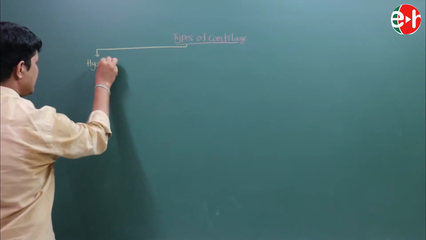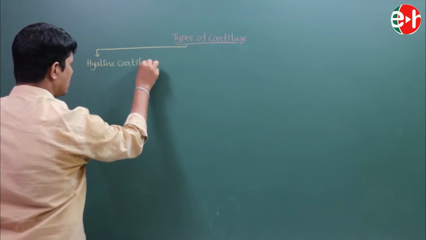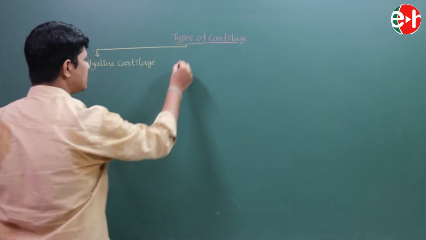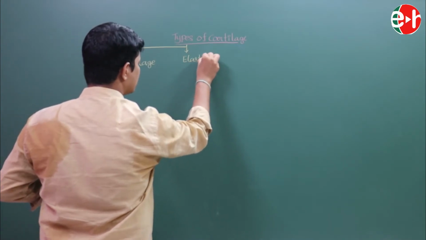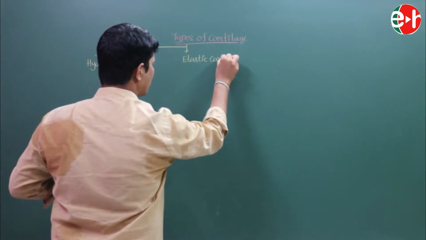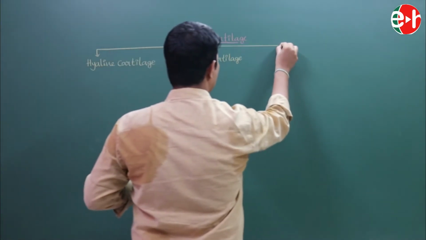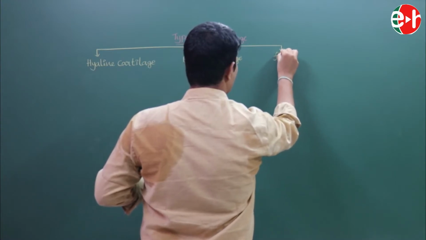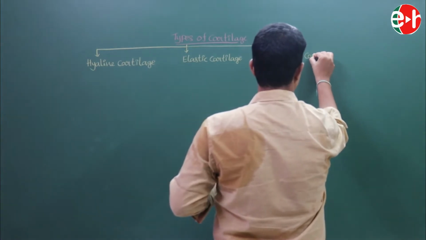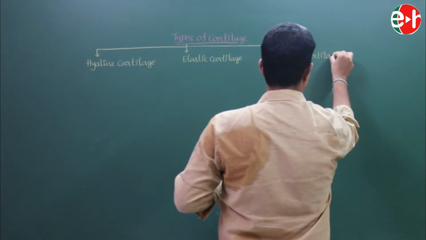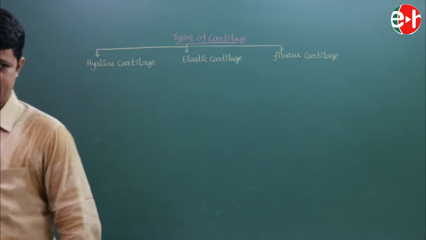One is hyaline cartilage, the second one is elastic cartilage, and the third one is fibrous cartilage. So these are the three types of cartilage.